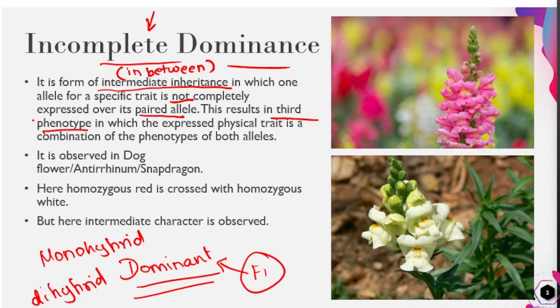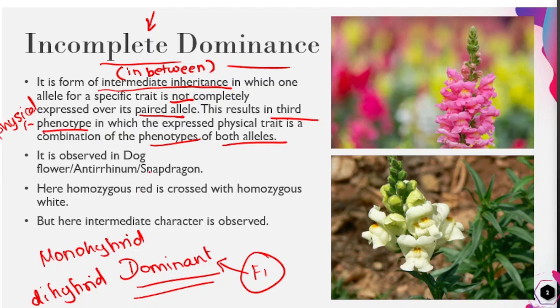Phenotype is nothing but the physical appearance, which we studied in our previous session. The first physical appearance is the dominant character. The second is the recessive character. The third physical appearance is what we get in the F1 generation, the intermediate between the dominant and recessive. The physical trait is a combination of the phenotypes of both alleles.